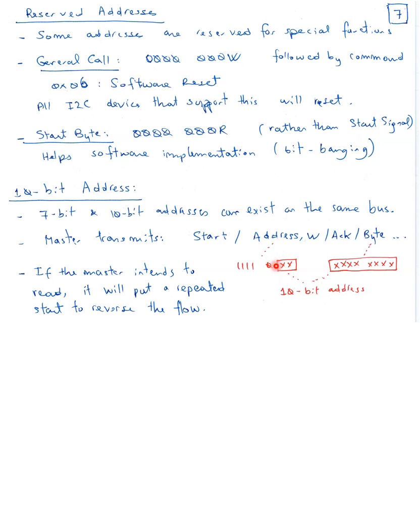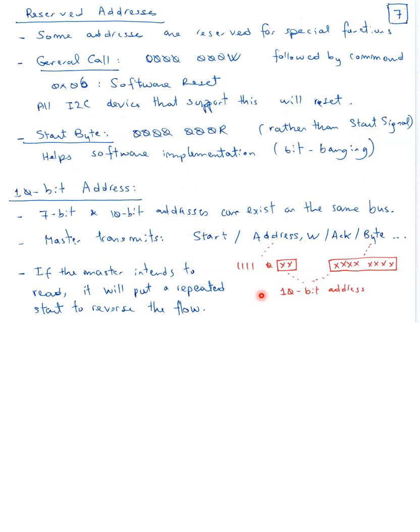So if you take these 2 bits and these 8 bits, this will be the 10-bit address that the master is gonna communicate with. So the bottom line is it's gonna take 2 bytes transmitted in order for the master to convey the 10-bit address it wants to communicate with.